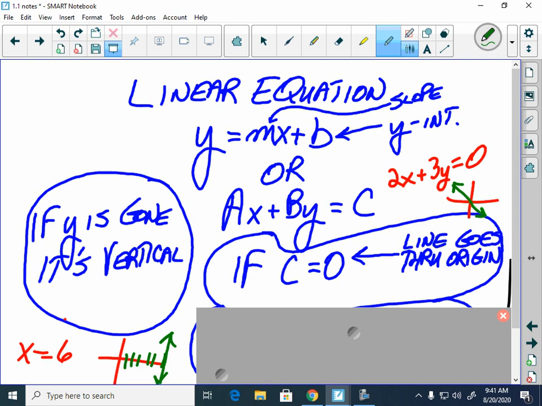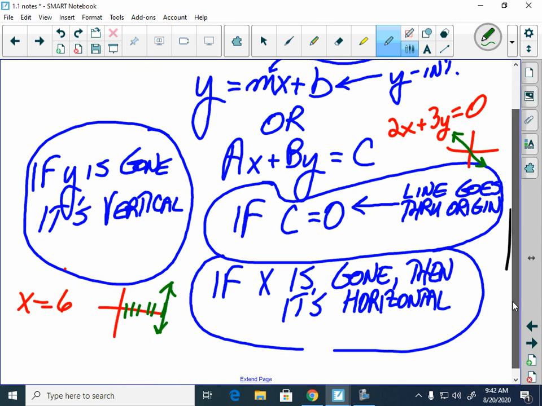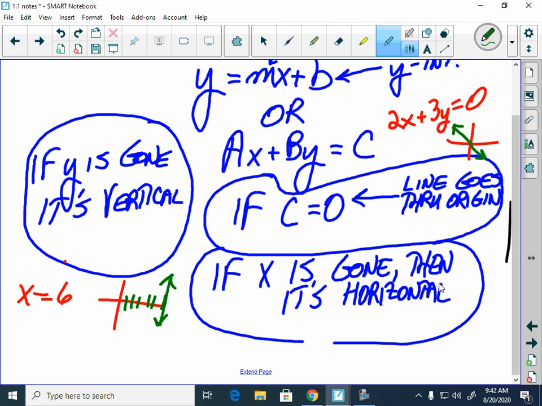Okay, and then if x is gone, then it's a horizontal line. I better draw this one too. So if it was y equals 4, I would just go like this. 1, 2, 3, 4.